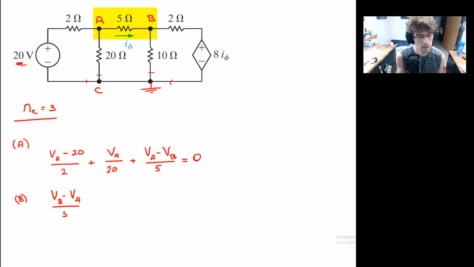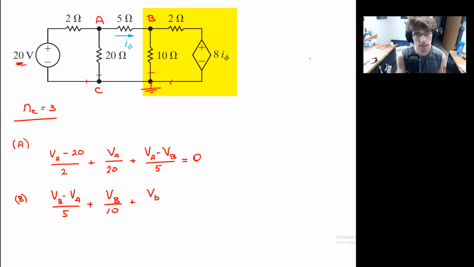In addition to that, I have this lower branch, and we have VB divided by 10. And lastly, we have this right branch.